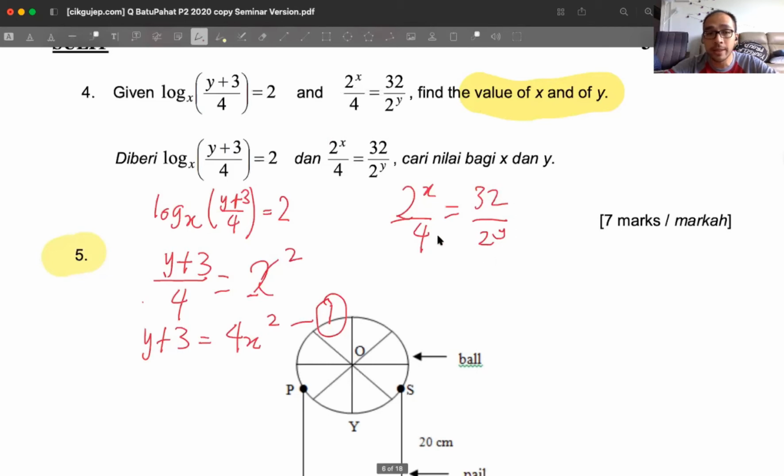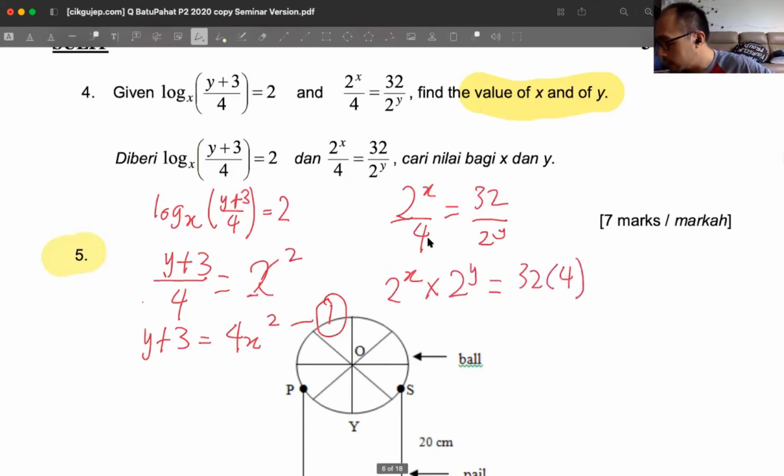Kita darab silang. So you get 2x times 2y equals to 32 times 4. 32 times 4 will give us 128, equals to 2. And this one, according to law of indices, ini darab kan?